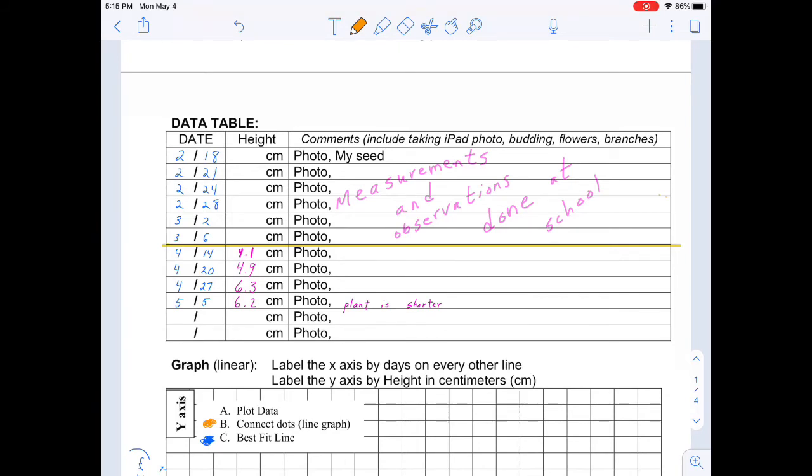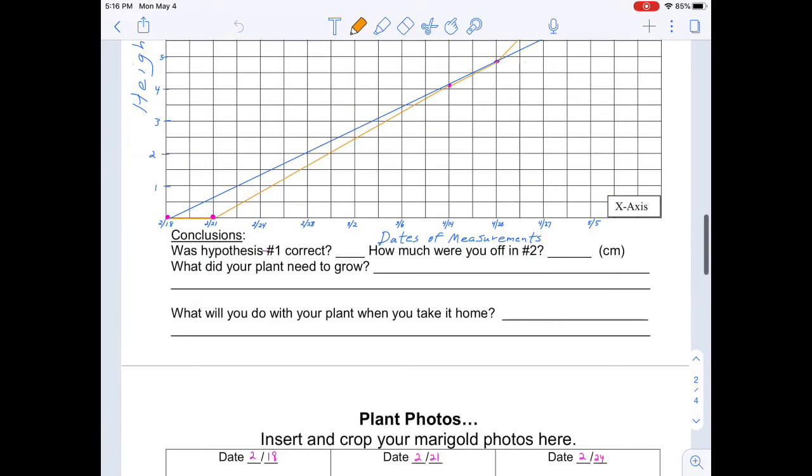So you need to count how many days it was from February 18th, right here, and then count the number of days until you had a height that was better than 0 on your chart. And for some of you, if your seed did not grow, it might be down here on April 14th. You also made a hypothesis for number 2.